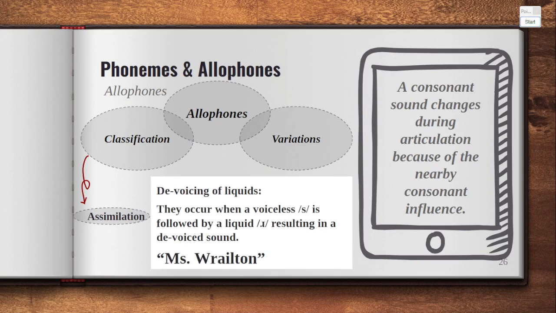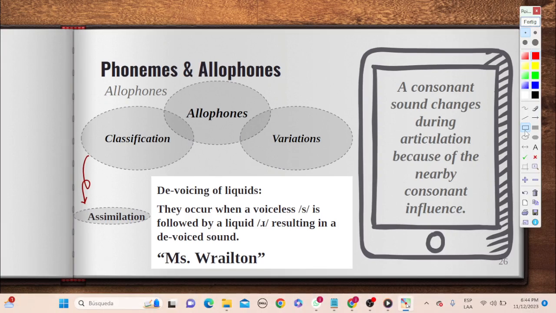And then we have assimilation, but in this case, devoicing of liquids, and they occur when a voiceless S is followed by a liquid R, resulting in a devoiced sound. That means that this S is going to affect this liquid R. In this case the S is a voiceless one, and that S is going to make the liquid R voiceless as well.